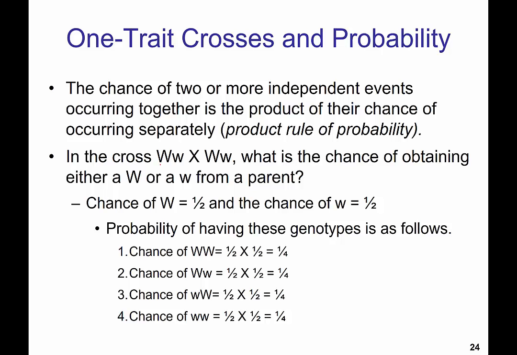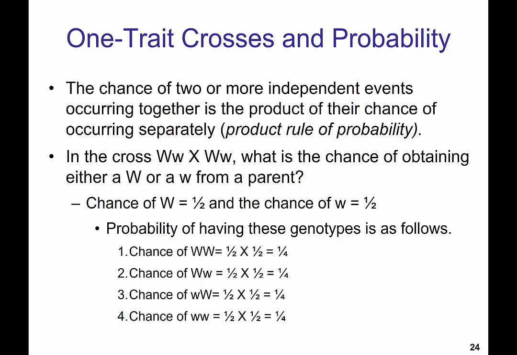So we're just looking at one parent at a time. So if we're looking at this, it's like flipping a coin. The chance of getting this big W, you have a 1 out of 2 chance. And likewise, the chance of obtaining this little w, or the recessive allele, is also 1 out of 2.